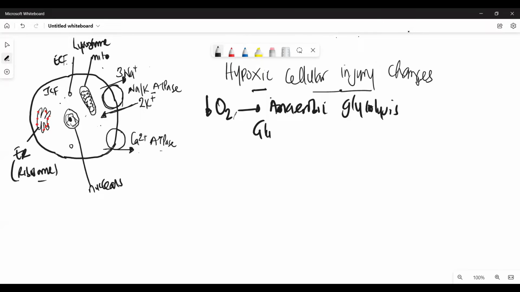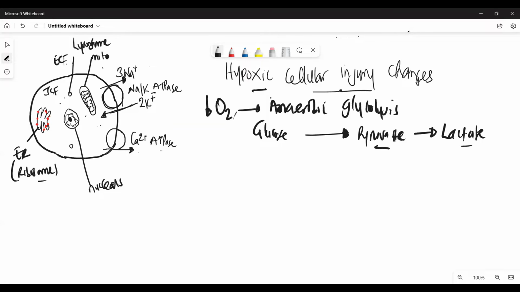So that means from glucose to pyruvate. Ideally, if we have enough oxygen, this pyruvate can go into the TCA cycle, and we can use it to make further ATP. But because we are doing anaerobic glycolysis and we can't go into the TCA cycle because of the decreased oxidation of the tissue, this pyruvate has to get converted to lactate, or lactic acid.